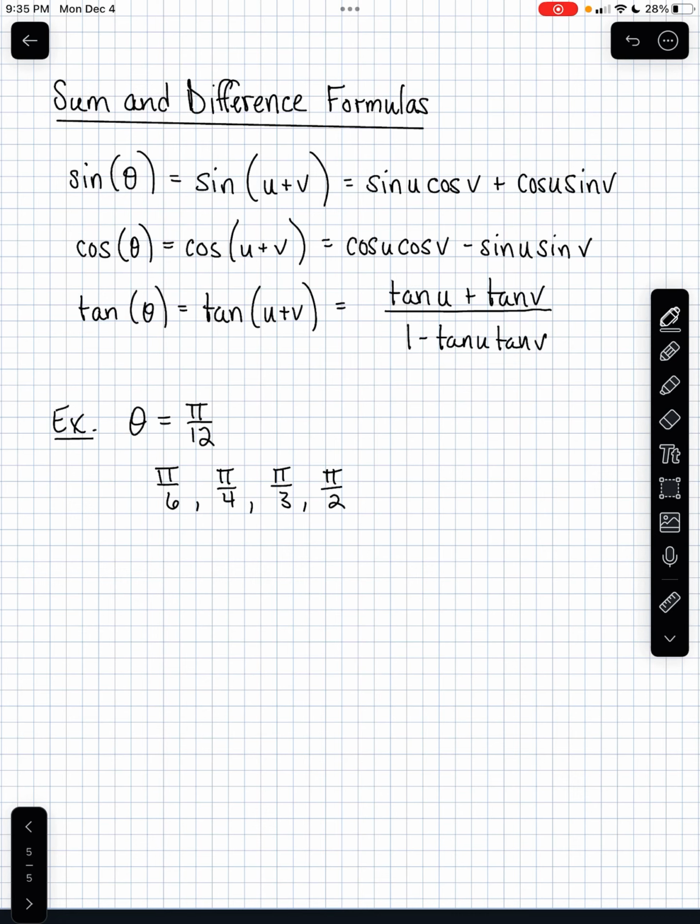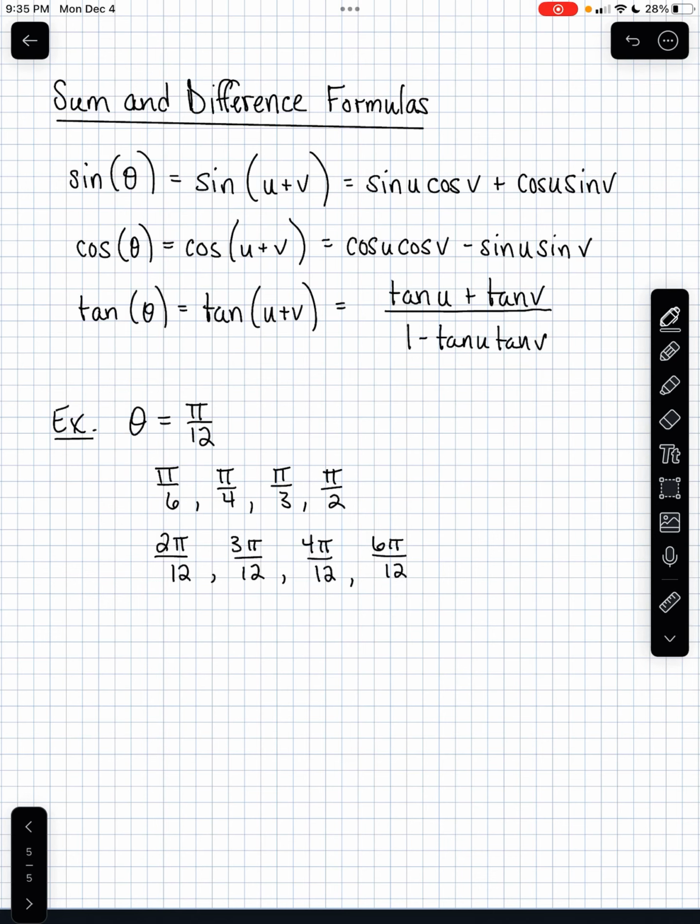So it might help if we write each as a fraction with a denominator of 12. Pi over 6 can be written as 2 pi over 12. Pi over 4 can be written as 3 pi over 12. Pi over 3 is 4 pi over 12. And pi over 2 is 6 pi over 12.